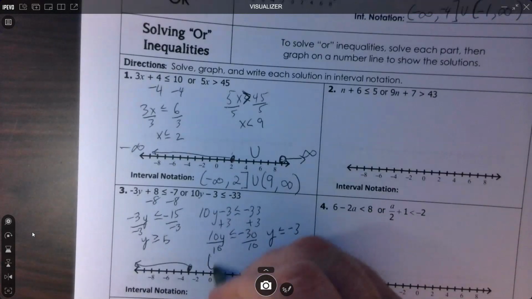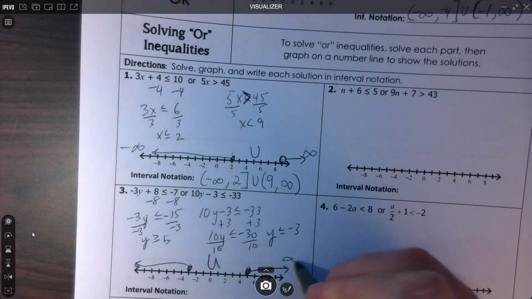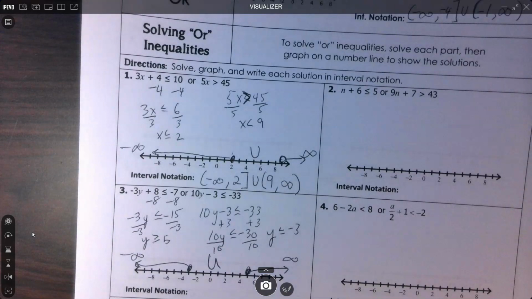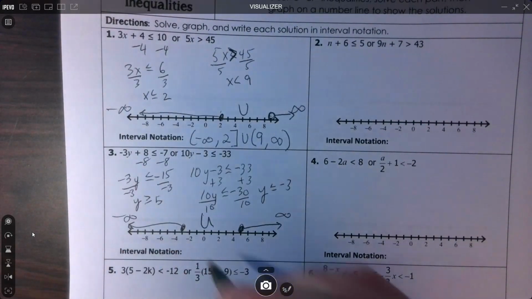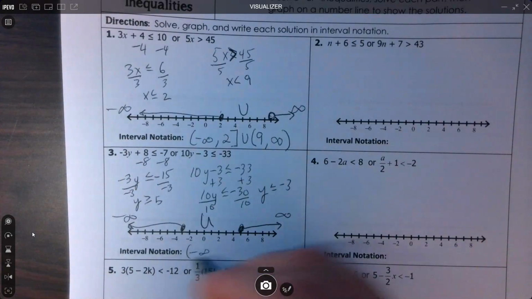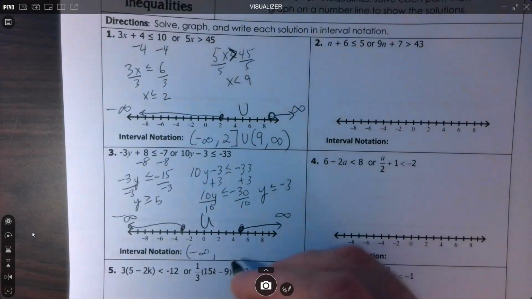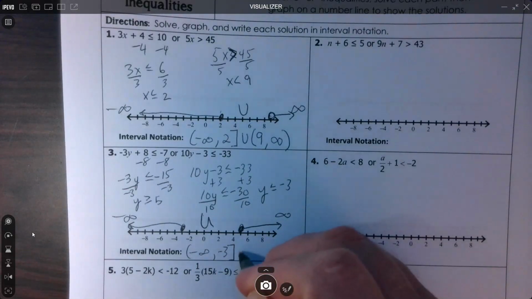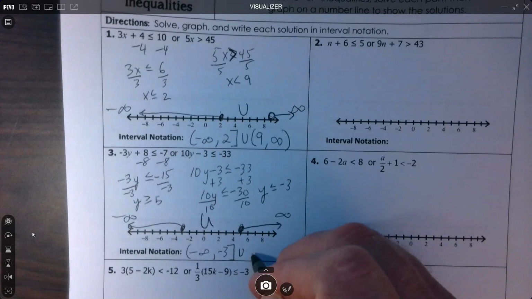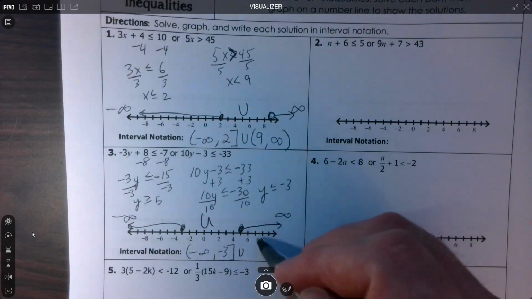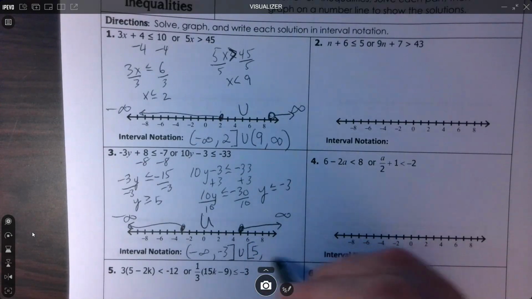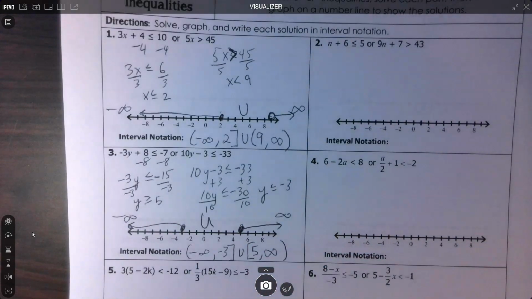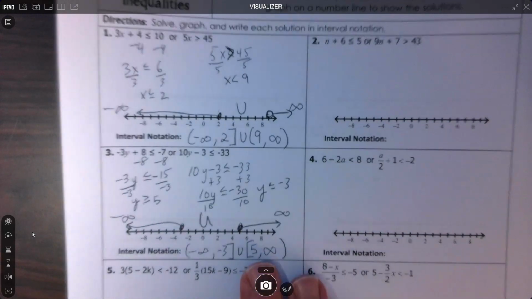Again, put a union, put a negative infinity and infinity on there, so you can help write your interval notation. So I'm going from negative infinity with a parenthesis all the way up to negative 3 with a bracket because I'm including it. Use a union, and in this particular case, 5 is also being filled in, so we use a bracket again, and we go all the way up to infinity with a parenthesis. Remember, infinities never, ever, ever get brackets. You always use parentheses.